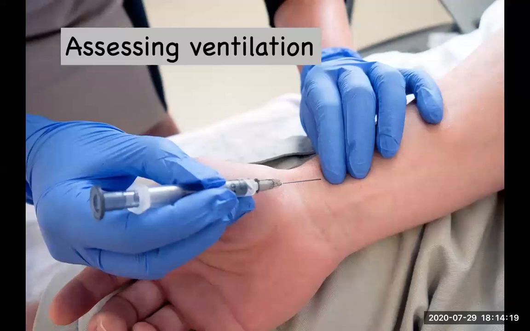So if the CO2 is normal, but the PO2 is low, so less than 60, but the PaCO2 is normal, that is a type 1 respiratory failure. And that patient needs attention to oxygenation. A patient who has got a high PCO2 has got respiratory failure as well.